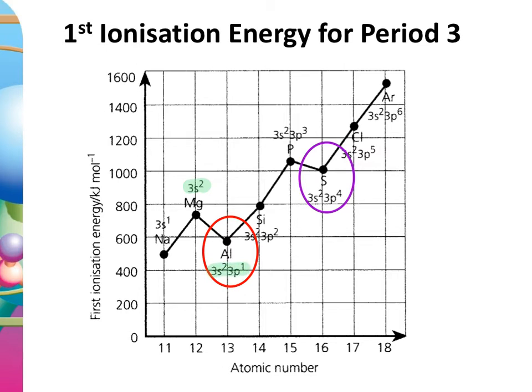So that's going to be a factor. And if we look at phosphorus to sulfur, what's going to be important is the change from 3p3 to 3p4. So the explanations for each of those changes are actually going to be different, but they are going to relate to the electron configuration that we've considered in our first lesson in the atomic structure topic.